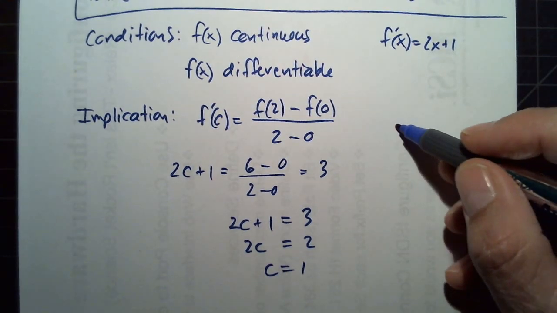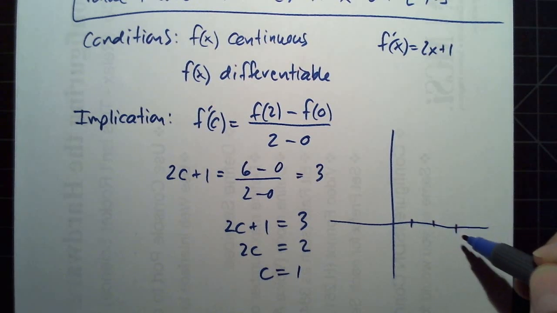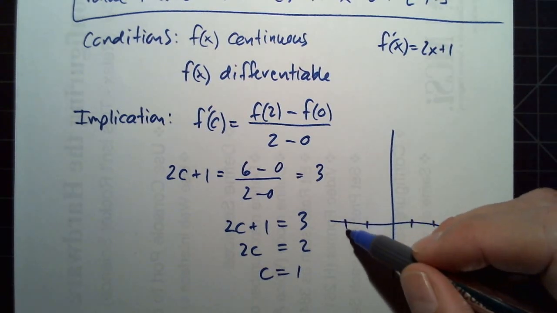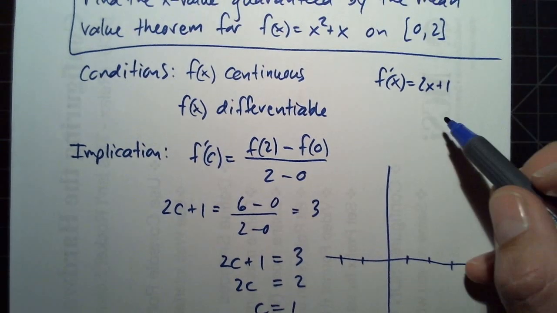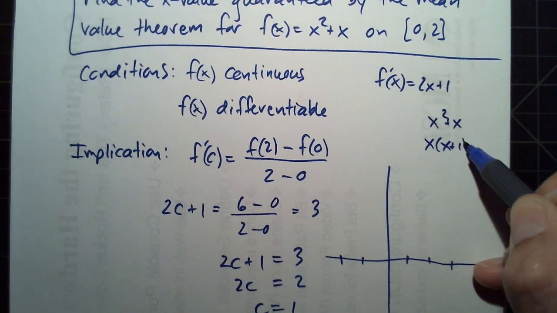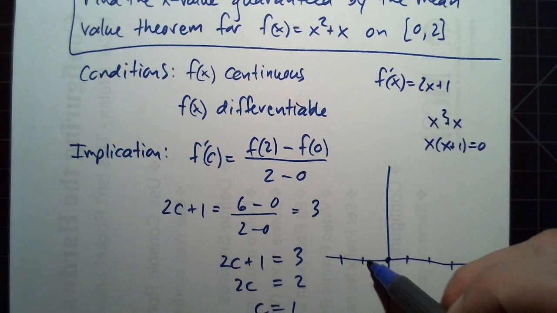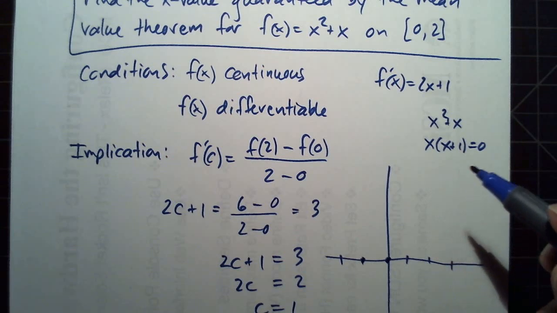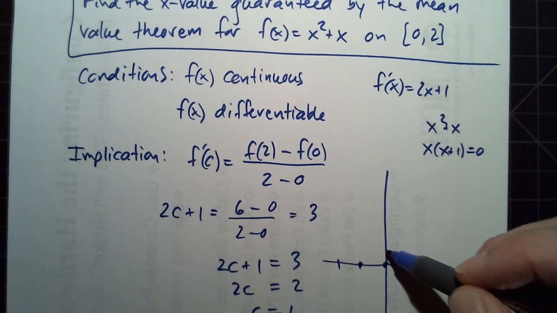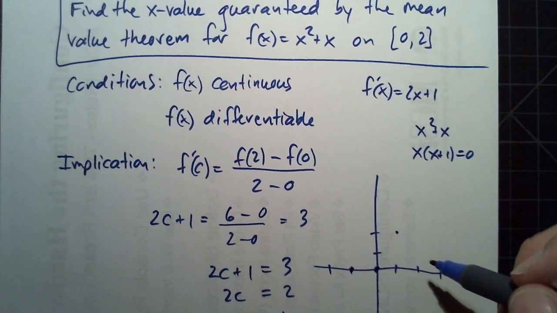And let's look at the graph. X squared plus x, x times x plus 1. There's an x-intercept at 0 and at negative 1. At 1, we're going to go to 2. I'm just doing a quick sketch of the graph.